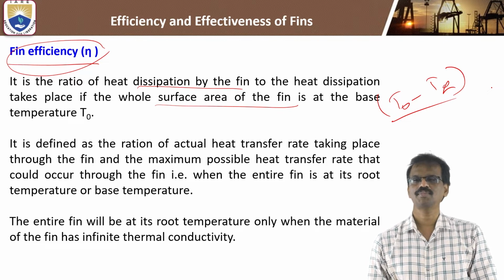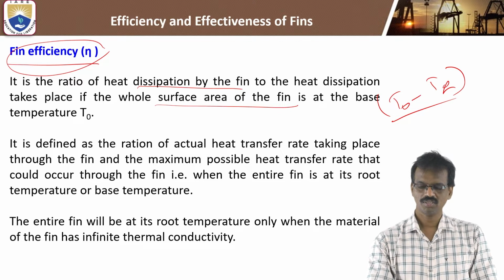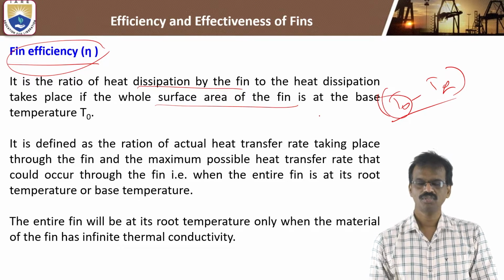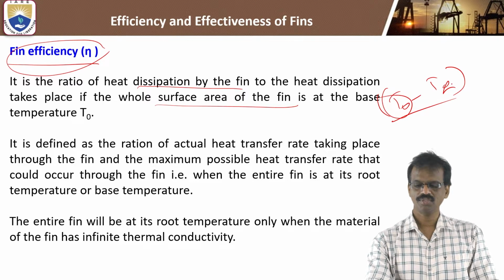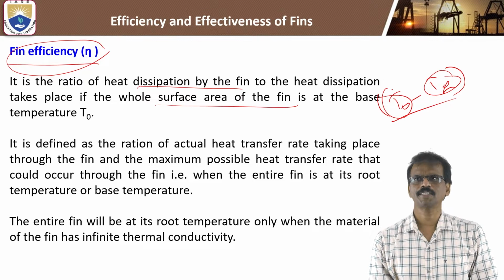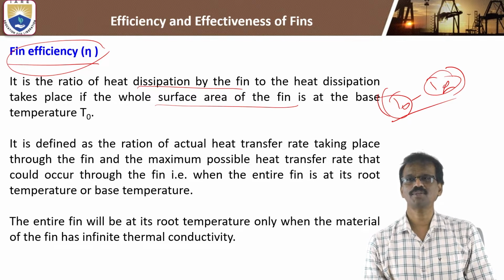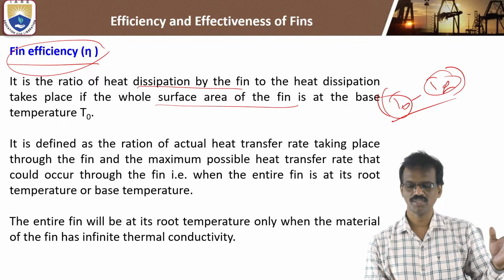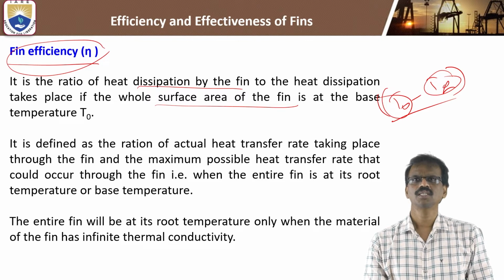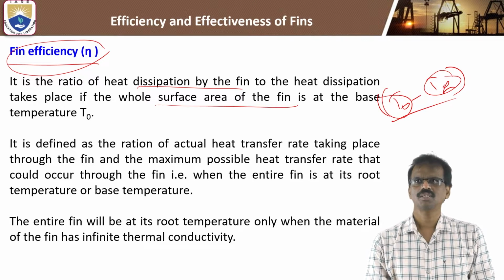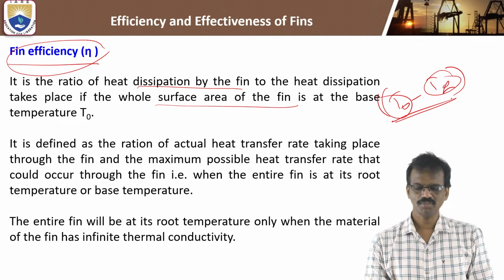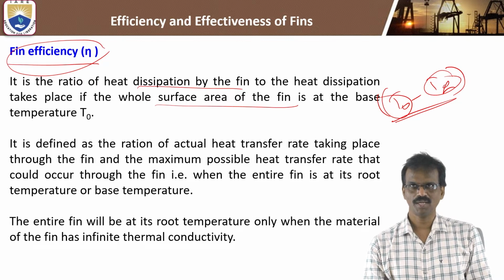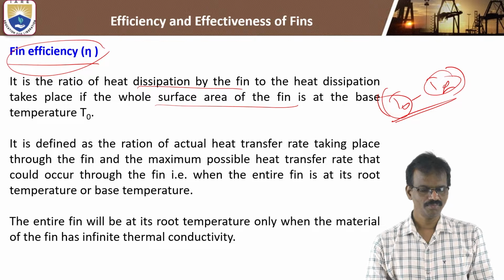It is the maximum temperature difference, because T naught is the engine surface temperature and T infinity is the atmospheric temperature, so the maximum temperature difference is the highest temperature minus the lowest temperature. The rate of heat transfer at this condition means maximum heat dissipation from that fin.